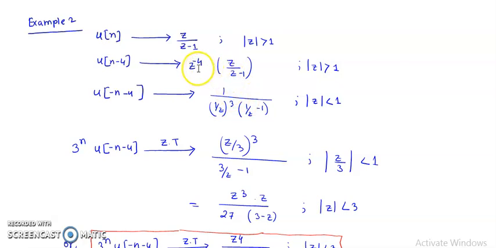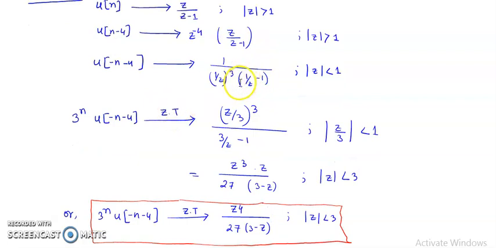Since this z to the power minus 4 into z becomes 1/z cube, in place of this z cube we are putting (1/z) whole cube. Here also we are replacing z by 1/z, and due to this folding operation, the negative value of n, this ROC becomes the reverse of the previous ROC, that is mod z is less than or equal to 1 now.